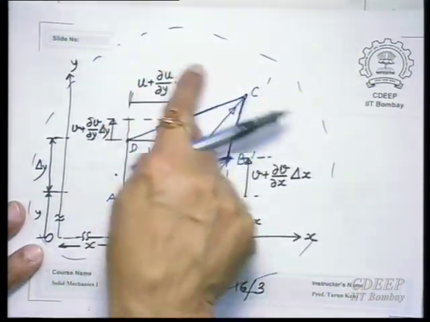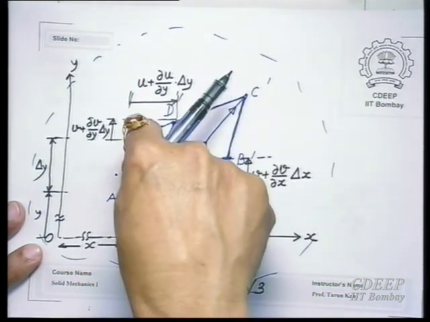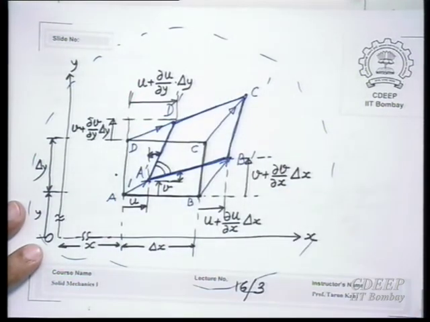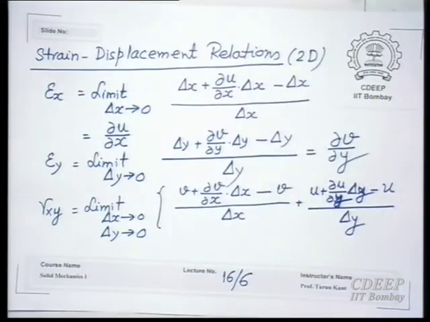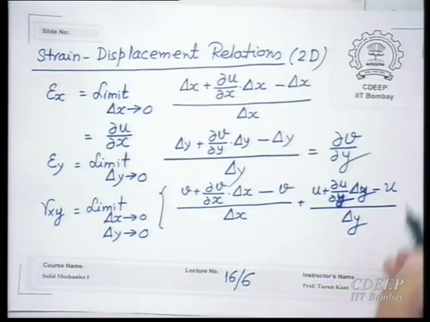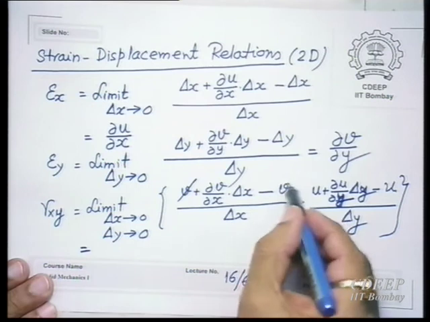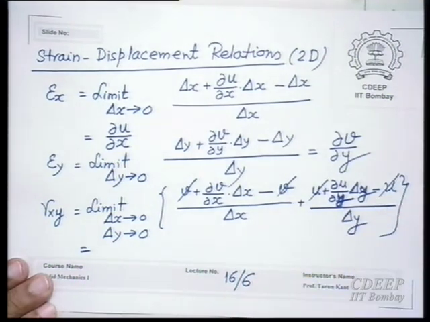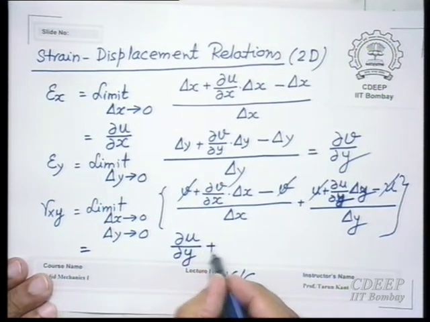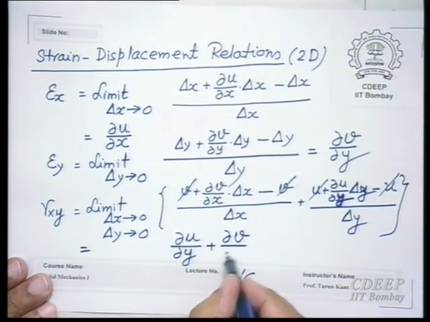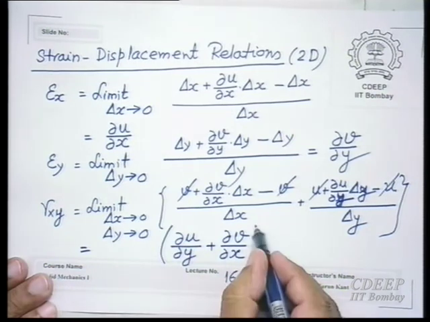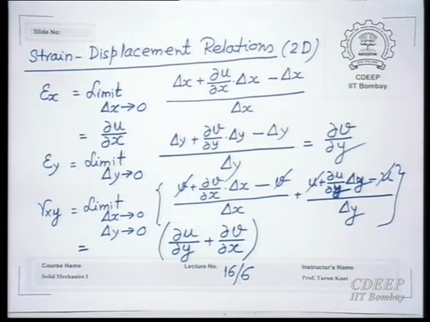See this figure. It is this quantity minus this quantity divided by the base. So u, du by dy, and this comes out to be, so the change in the right angle is this.